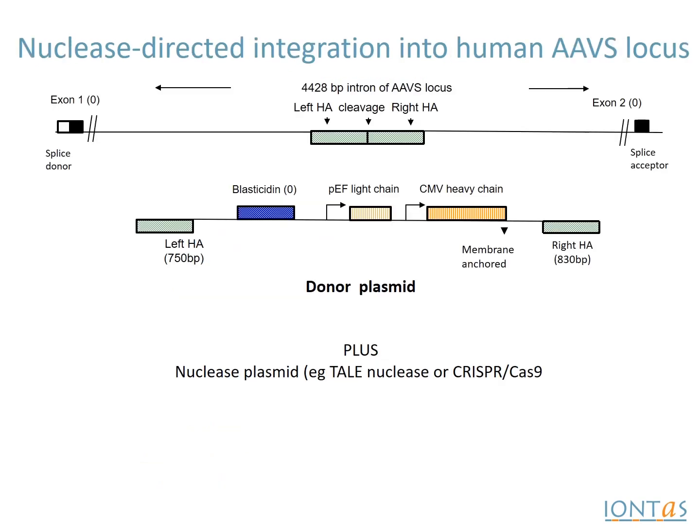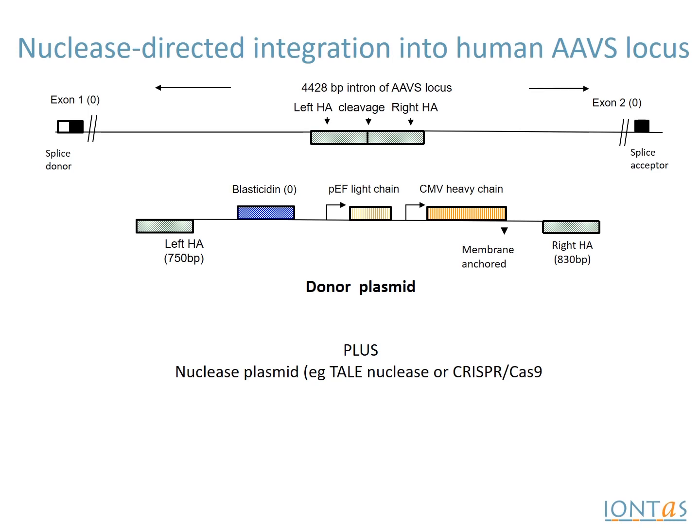We have a couple of TAL nucleases that target a particular site in the human genome called the AAVS locus. It's basically a large intron of around 4.5 kilobases. So now we transfect the donor plasmid shown on the second line along with the DNA encoding a couple of these TAL nucleases.